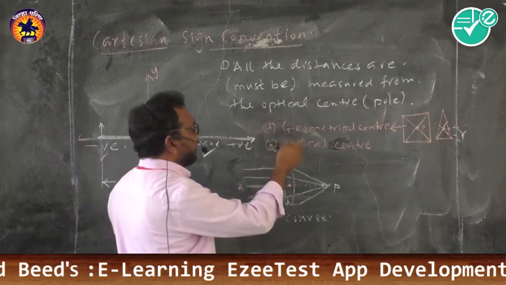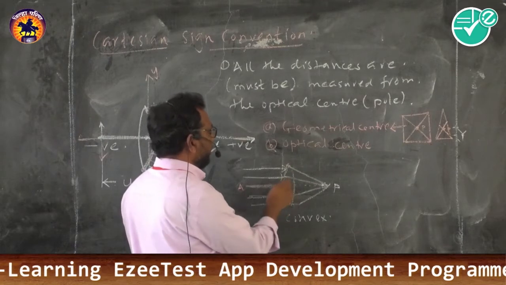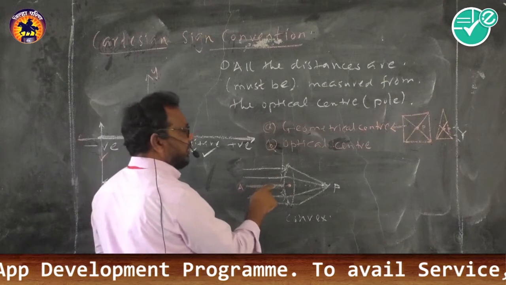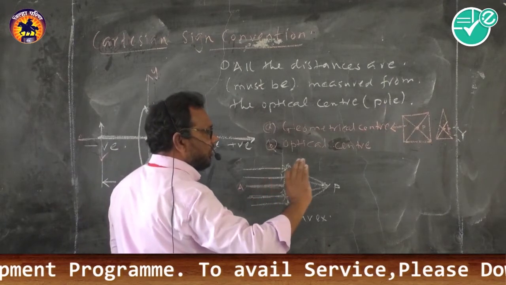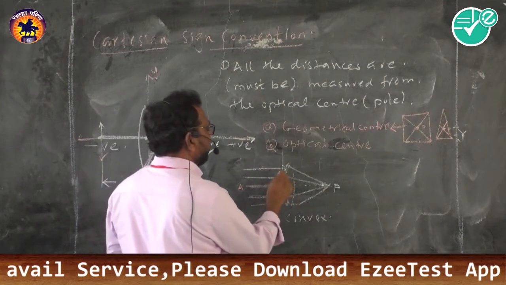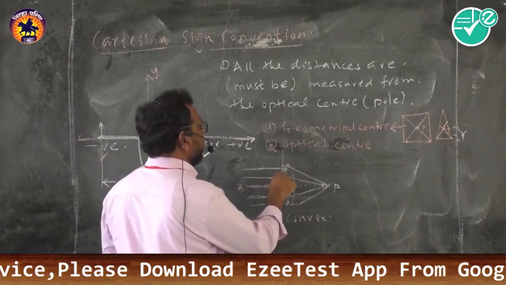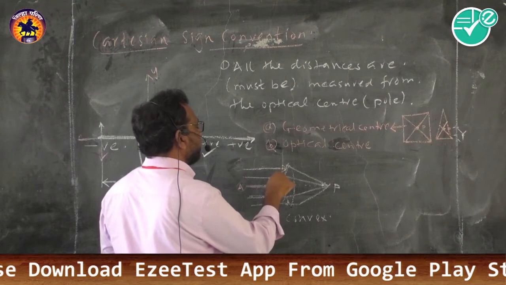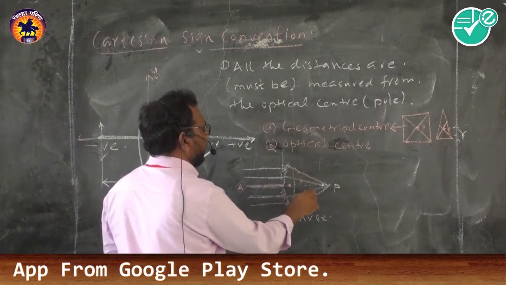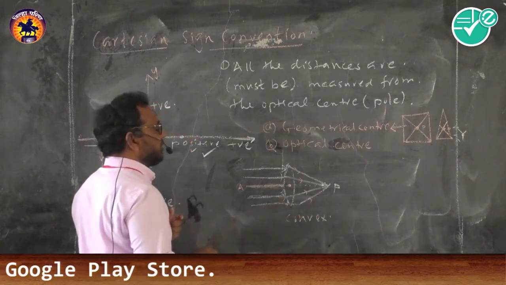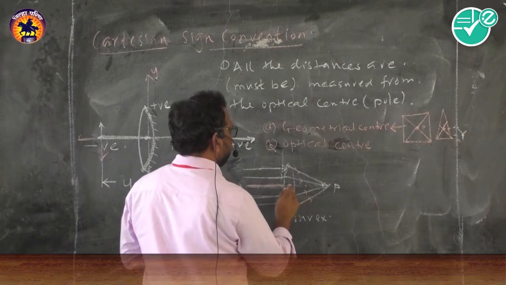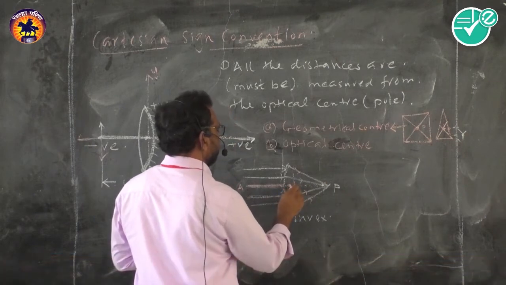A point is there in every lens. When a ray passes through that point, it goes without any deflection, and other rays incident on the lens other than at that point are deflected through some angles. But one ray doesn't deflect.